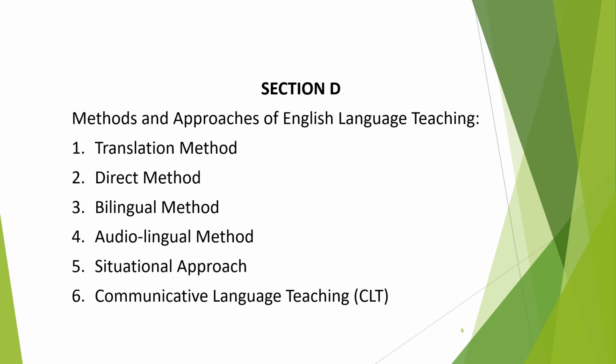Pronunciation is the aim of audiolingual method. It aims at developing listening and speaking skills of the students. They listen to their teachers very attentively and they try to imitate the way they speak. So this is what we do in this method, audiolingual method.